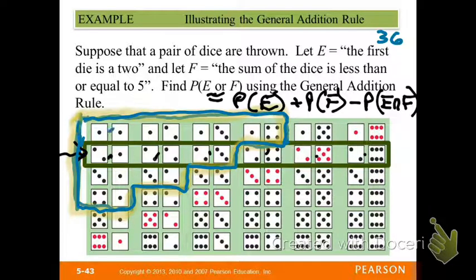That's F. There's 1, 2, 3, 4, 5, 6, 7, 8, 9, 10 values, 10 out of 36 values in F. And as you can see, as I just went through and counted it, we counted these 3 values twice. And so to keep from counting them twice, we have to subtract the intersection of E and F, the values that they have in common. So we're going to take away the probability of E and F.